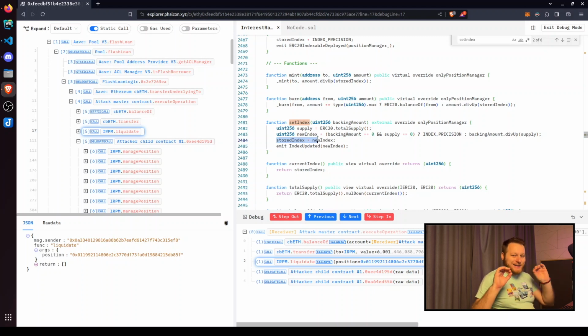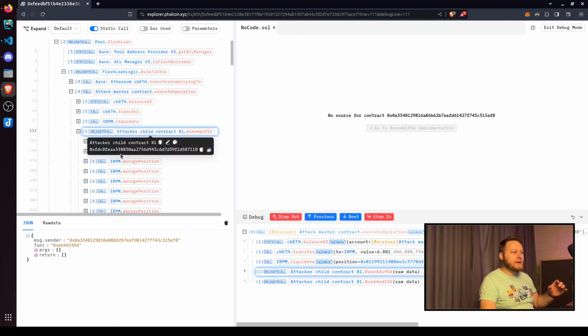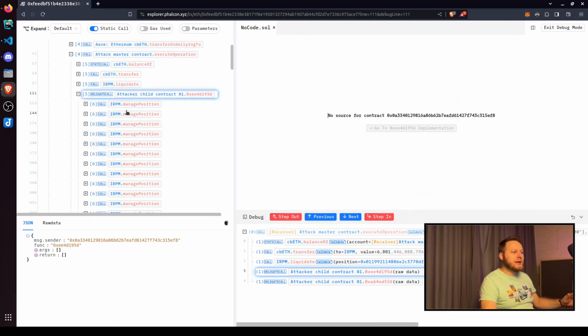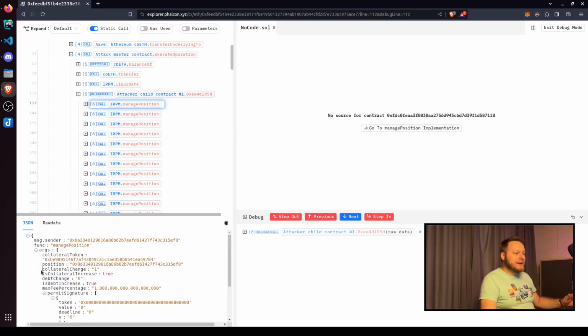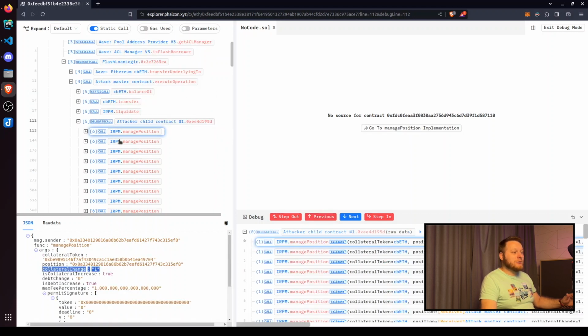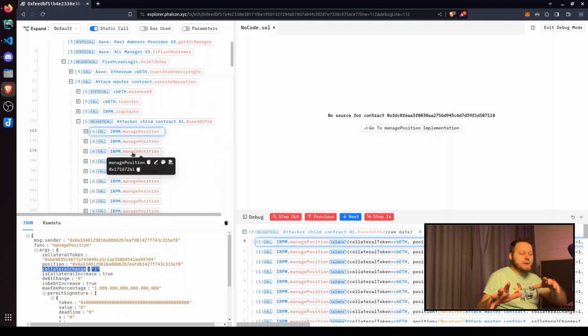So the attacker leveraged this fact later in one of his child contracts, which he delegated to, by managing the positions and changing collateral by 1. Normally, because the index was already really high, this would give him 0 shares.